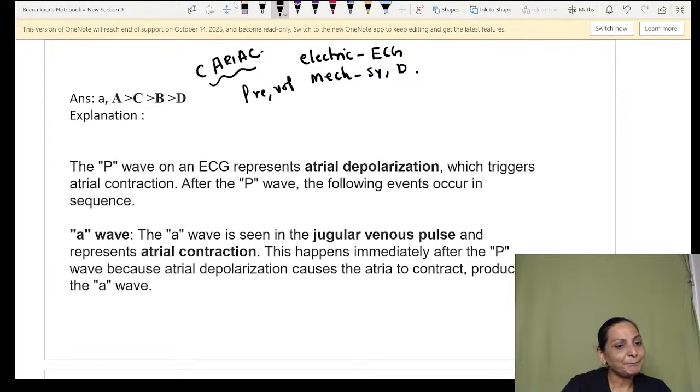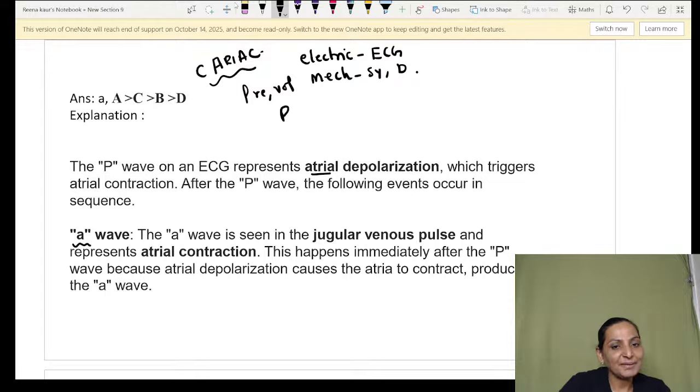So we know that the P wave on the ECG is what? Atrial depolarization, and therefore the first wave which you are getting is the P wave, which is going to trigger atrial contraction. After the P wave, what do you get is A wave. So what is the cause of A wave? Atrial systole.